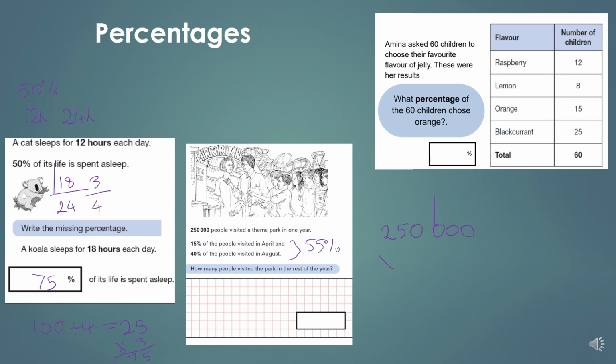Okay, and we're going to times that by 55. 5 zeros, 5 zeros, 5 zeros, and 5 zeros. 5 5s are 25, 5 2s are 10, 2 is 12, and we put our magic 0 in. So 5 times 0, 5 times 0, 5 times 0, and 5 times 0. 5 times 5 is 25, 5 times 2 is 10, and we add in our 2, and then we add these together.